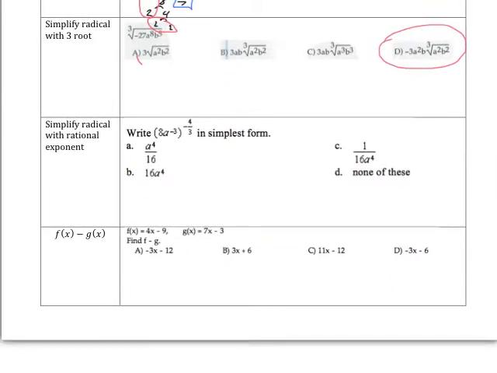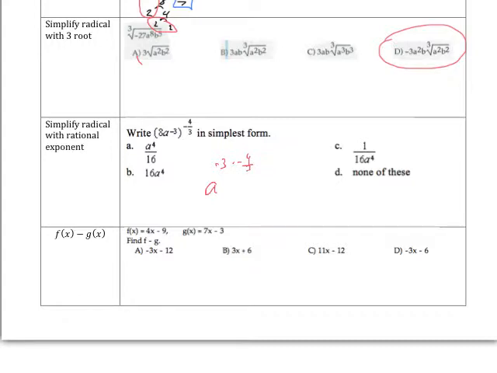All right, simplifying radicals with rational exponents. This situation is going to cause us to multiply exponents. So I'm going to start with just looking at the A's. The A, to get the exponent on that, I should be taking -3 times -4/3.